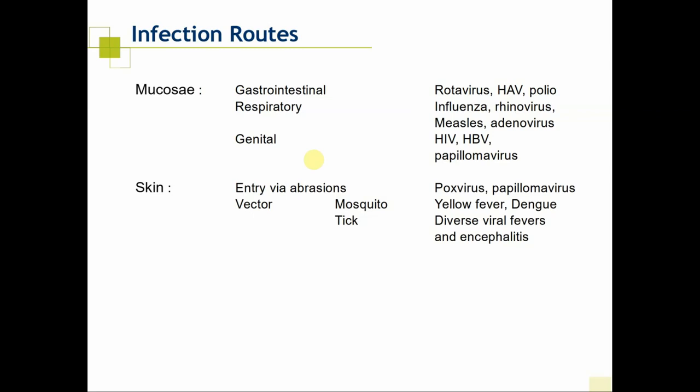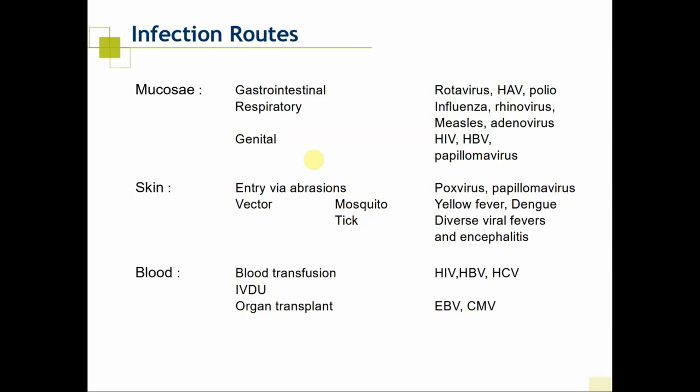Now, there are some viruses that can enter just by a little scratch on the surface of your skin. So papilloma viruses that cause warts on your skin, the verrucas, that's the kind of thing where they're infecting directly at the skin.